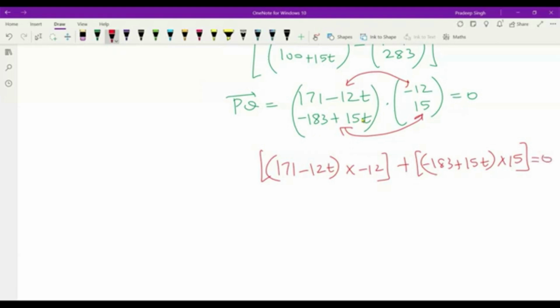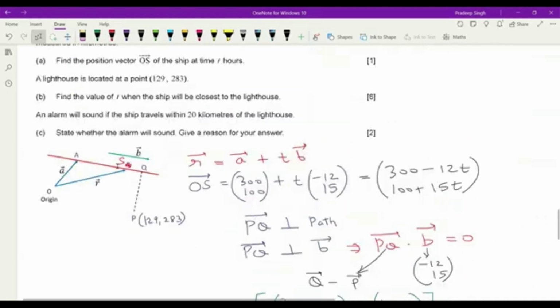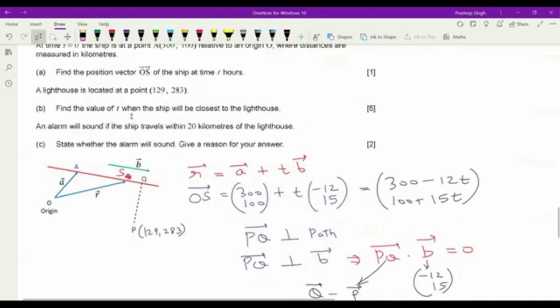Now the dot product is equal to 0. If we simplify this entire expression, we get time t equal to 13. And that is the answer for part B. Part B was to find the time when the ship is closest to the lighthouse. So after 13 hours, the ship will be closest to the lighthouse.